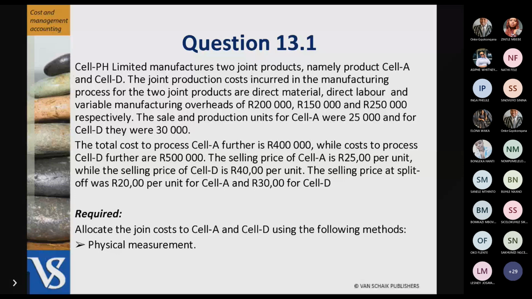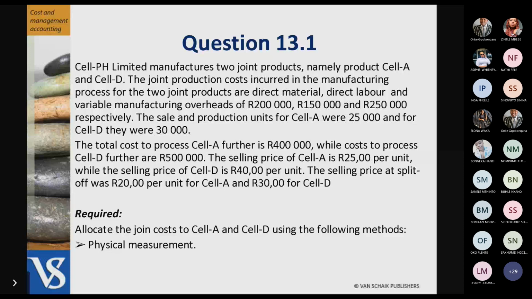It says Cell PH Limited manufactures two joint products, namely product Cell A and Cell D. The joint production costs incurred in the manufacturing process for the two joint products are direct material, direct labor, and variable manufacturing overheads of 200,000, 150,000, and 250,000 respectively. The sales and production units for Cell A were 225,000 and for Cell D they were 30,000.